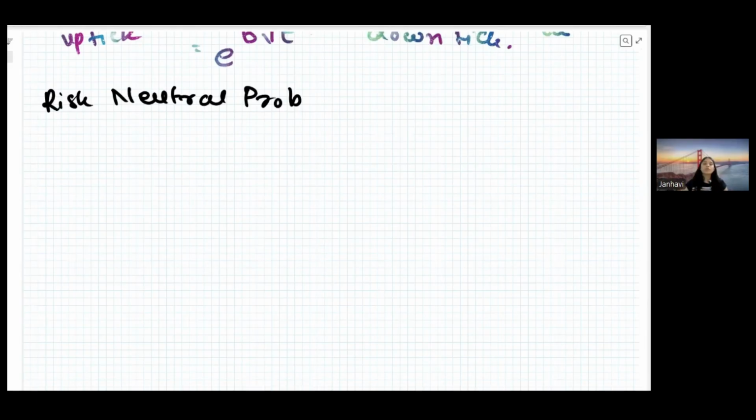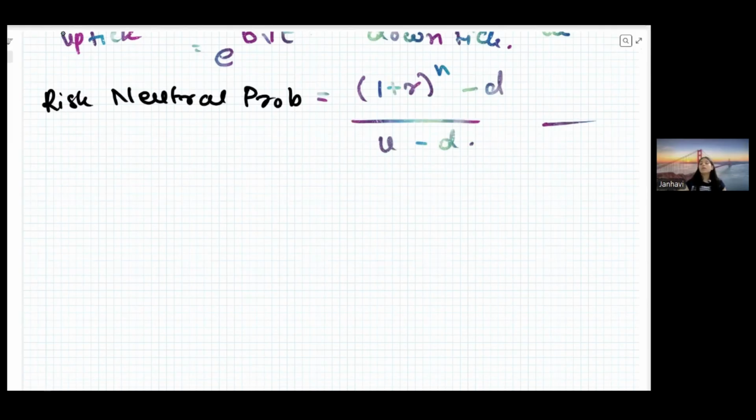We have a formula to learn this also: (1 plus r) raised to n minus downtick, divided by uptick minus downtick. Learning this means your half work is done for this topic. So I hope you understood what risk neutral probability is.